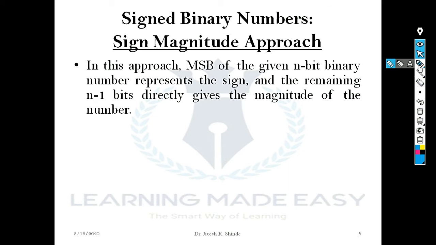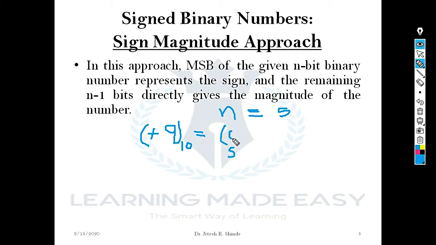For example, say 9. Say we are using n equal to 5-bit representation scheme. If I want to represent plus 9 decimal in n equal to 5 bits using the sign magnitude approach, in signed binary number format, the MSB bit represents positive. Since the number is positive, the sign bit, that is the MSB bit, will be 0. The remaining n minus 1 bits, that is 4 bits, will represent the magnitude.